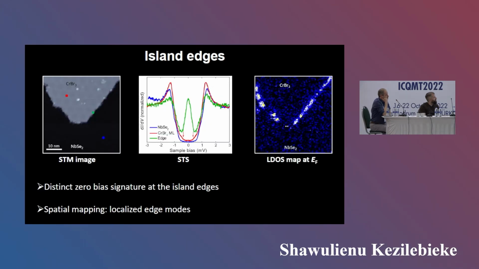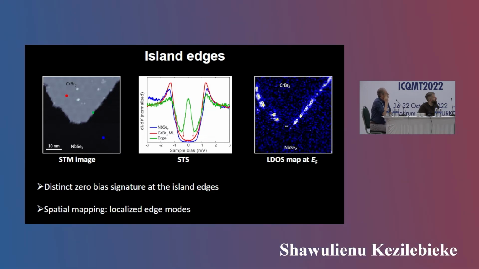Next slide, please. Now, this is another spectrum, another island, and this is in the middle. It's the STS spectrum. As you can see, at the edge of the sample, we have a very strong enhancement of the density of states. Interestingly, these enhanced states live in this region, the red curve over there, the gap which is defined by the topological gap.